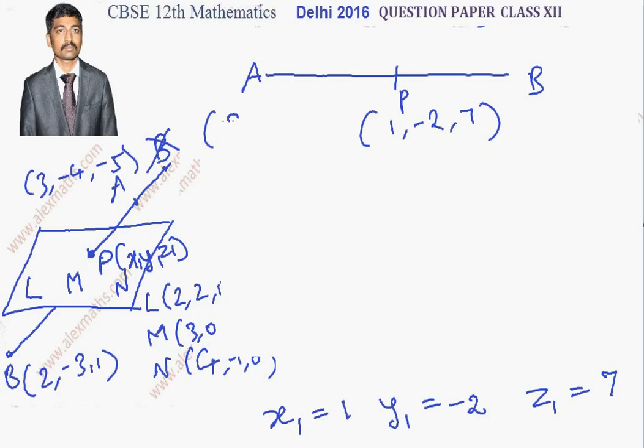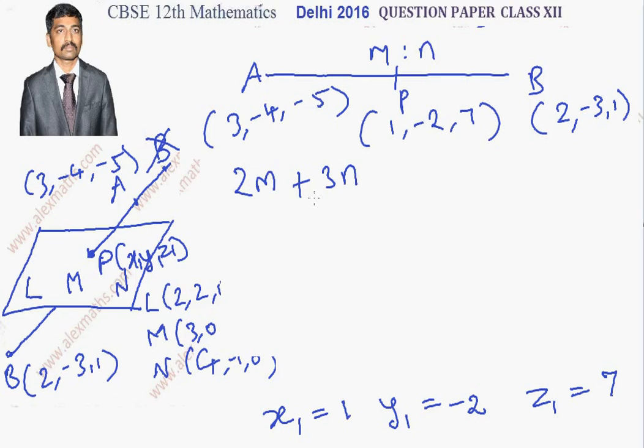Point A is 3, minus 4, minus 5, and this is 2, minus 3, 1. We have to find this ratio, m is to n. Using the section formula, 2 into m plus 3 into n divided by m plus n. This is the x coordinate. If I take the x coordinate and equate it to this x coordinate, it is enough to get the ratio.